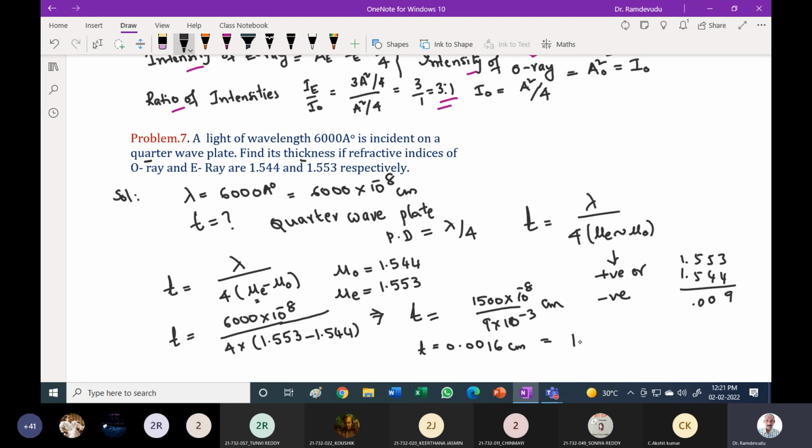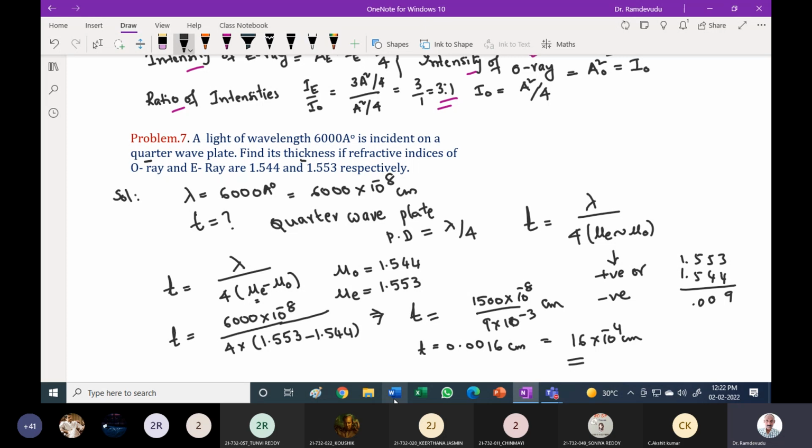That means it is 16 into 10 to the power minus 4 centimeters. Yes, this is the thickness. The thickness is very, very small. This is the value of the thickness.